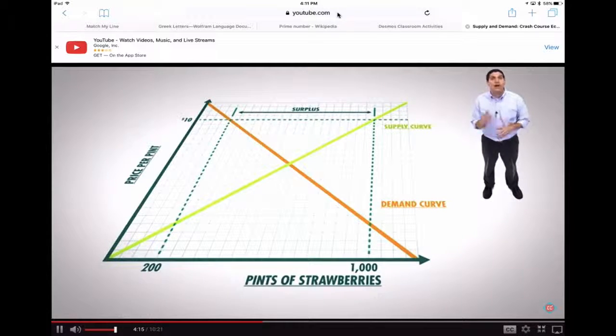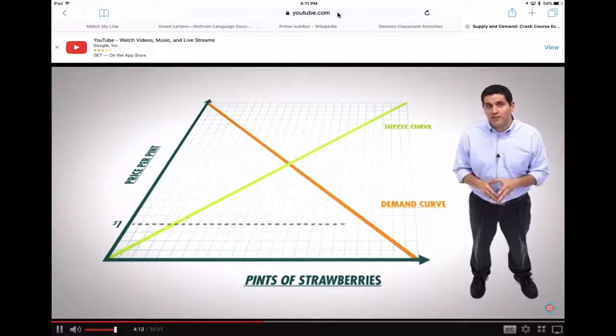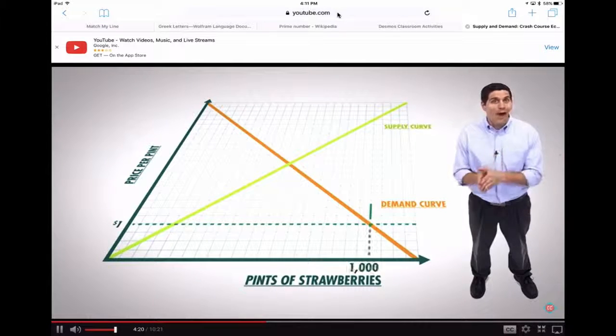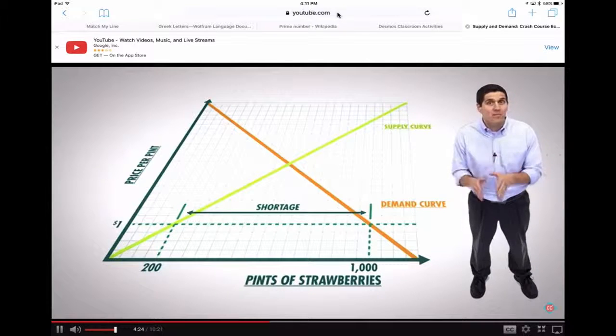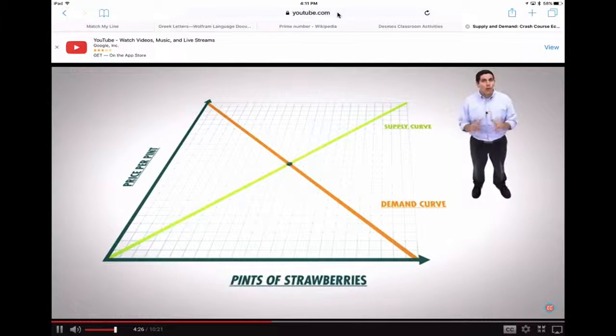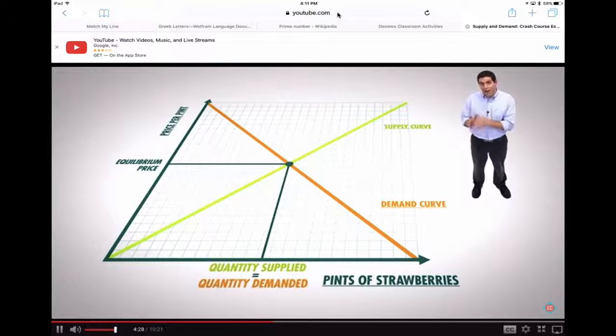This mismatch is called a surplus. And if the price goes down for strawberries, let's say down to $1, then buyers want to buy a whole lot, but producers won't have an incentive and they'll produce very little. Again, you have a mismatch, but this one's called a shortage. And there's only one price where the quantity that buyers want to buy is exactly equal to the quantity sellers want to sell. And it's right here where supply equals demand. The price is called the equilibrium price, and quantity is called the equilibrium quantity.